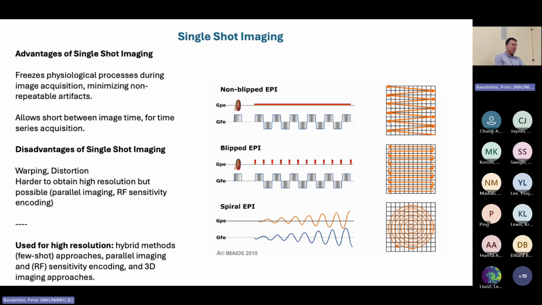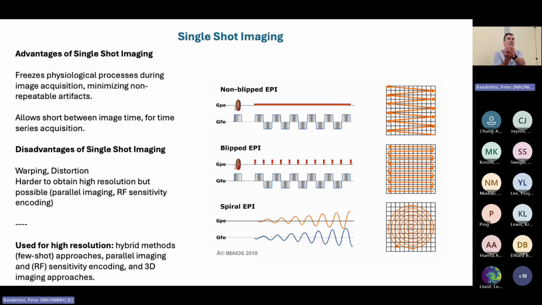I was planning on skipping over that, but 3D is basically where, instead of having a slice select pulse and then going through K-space one slice at a time, you do phase encoding and frequency encoding and slice encoding all at the same time, pretty much. I think it's good, but it also has a few more phase errors involved because of the amount of time for 3D to be collected.